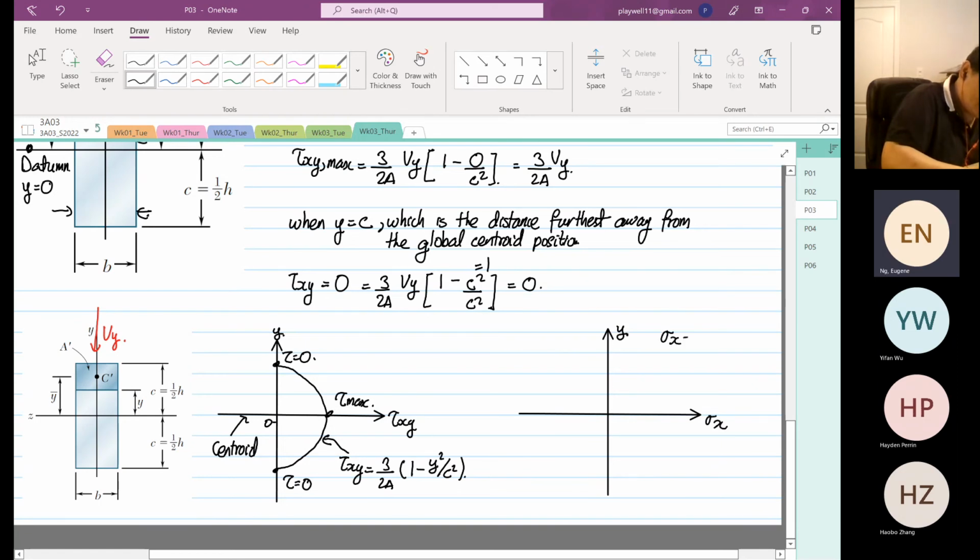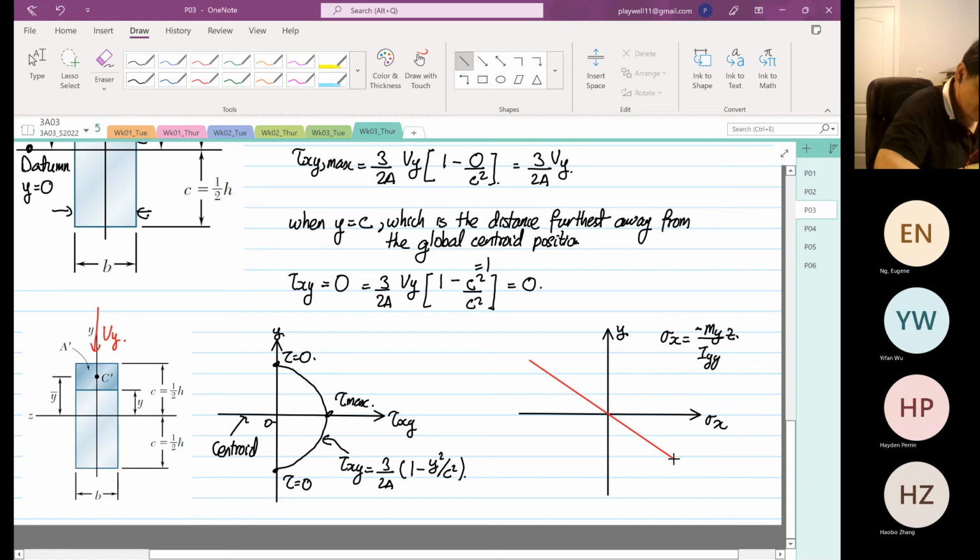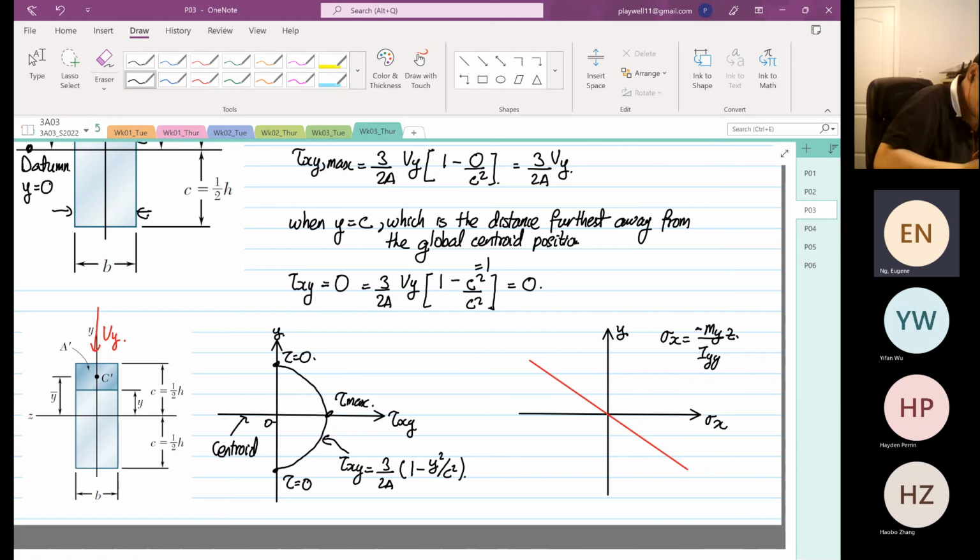And if we were to use this formula, My over Iyy, I got this mixed up, multiplied by z. Okay, so it's just an example. I want you to look at something. Okay, so let's say we have a distribution that looks this way. Okay, so we know that this is our centroid.